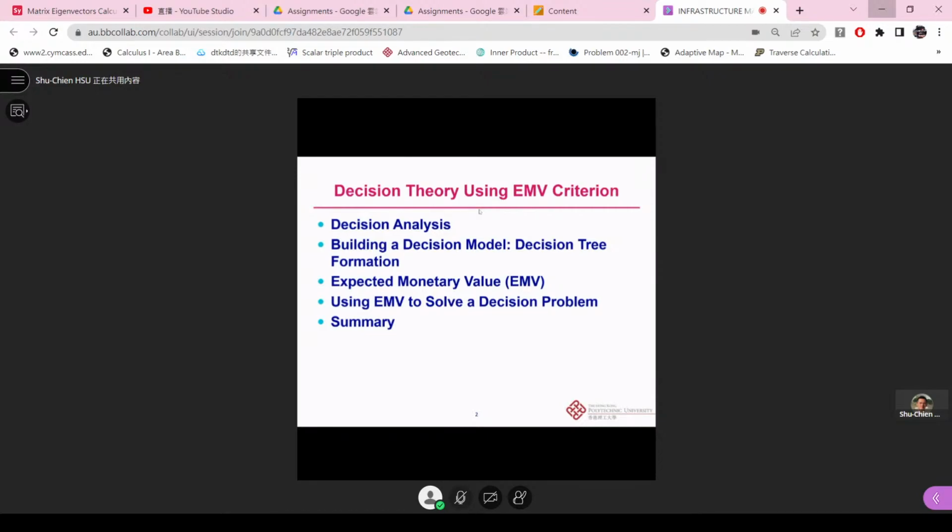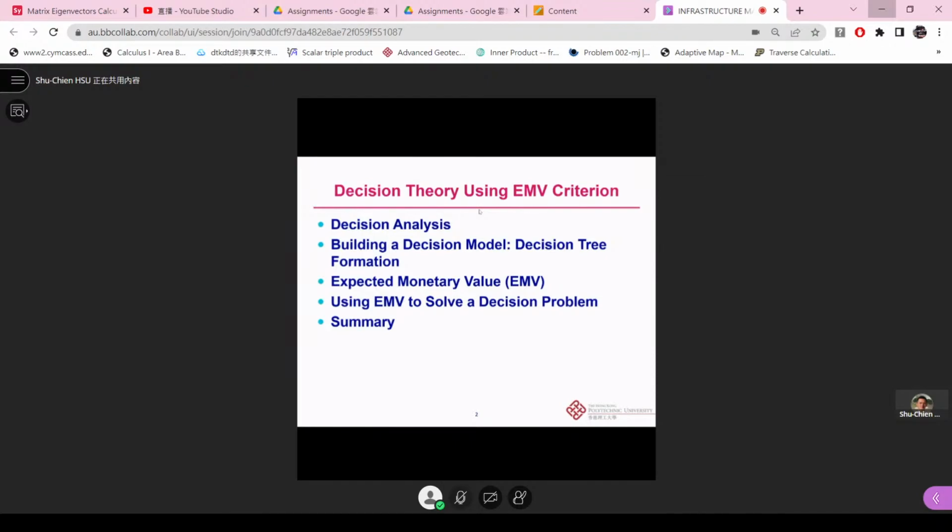Remember that we already talked about different perspectives of a project. If we want to make the project successful, we want to make it as close as possible to the project plan, in the perspective of the scope, the cost, and the schedule.